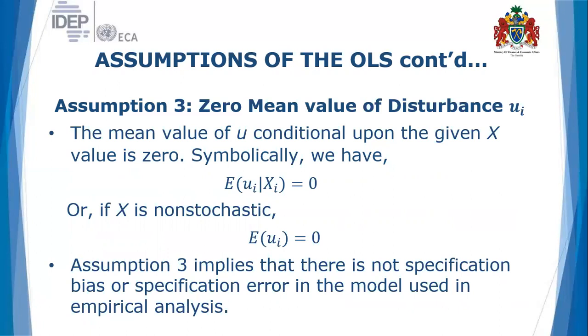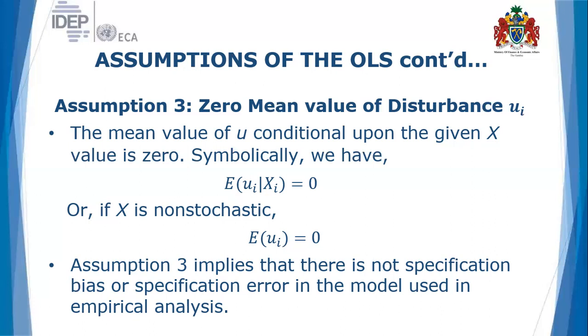Symbolically, we can say the expected value of the error term given x values is equal to 0, or if x is non-stochastic, the expected value of the error term mu i is equal to 0. So the implication is that there is no specification bias or specification error in the model used in empirical analysis.